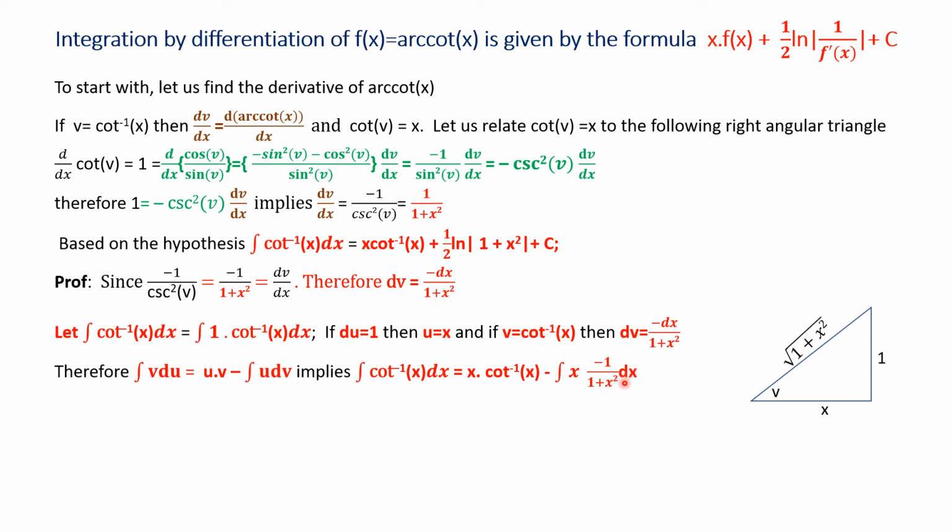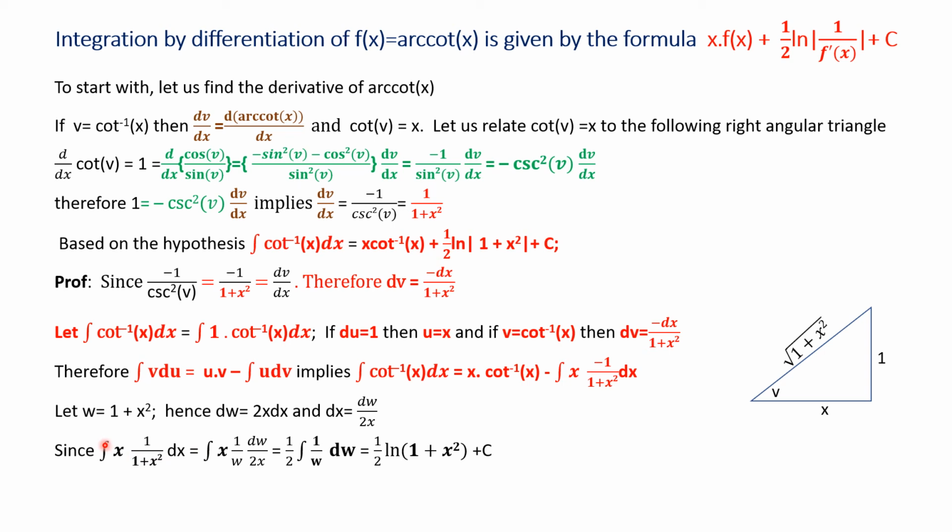Now to perform this integration, we have to use integration by substitution. Let w equal 1 plus x squared. Hence, dw will be equal to 2x dx, and solving for dx, we'll get dx equal to dw divided by 2x.